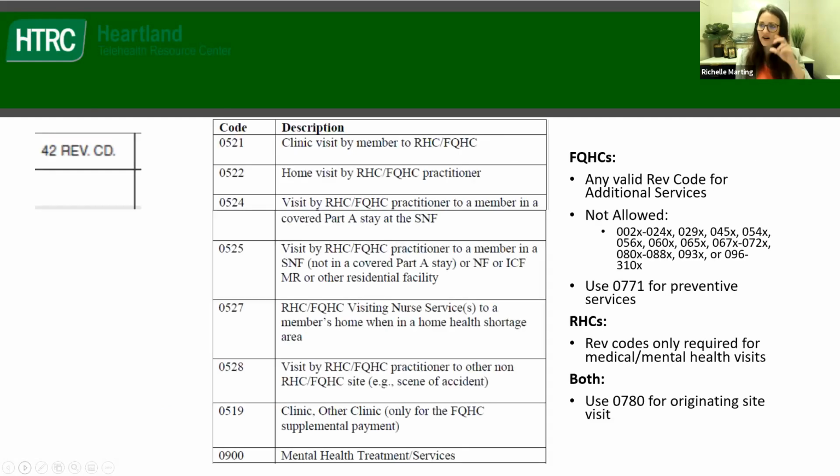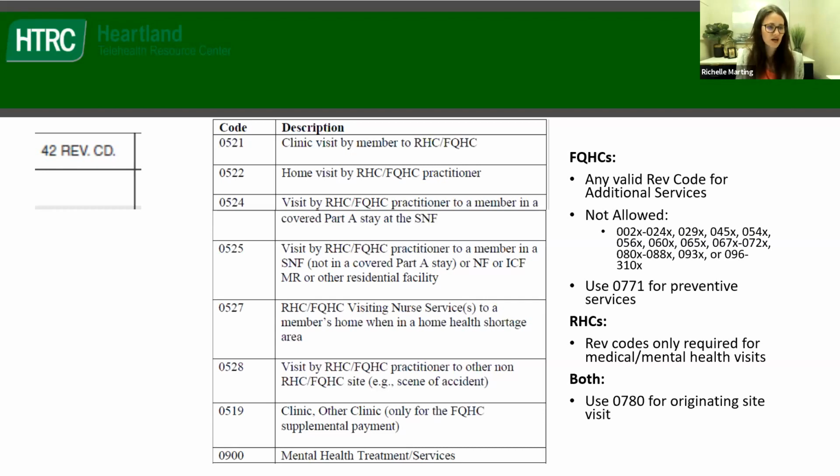Okay, so now I'm going to go back to that revenue code box. And these are revenue codes that Medicare lists in its provider manual as some common ones that you'll see for rural health clinics and for FQHCs. I think I said 3-digit before, but these are 4-digit codes where the last digit may vary depending on the specific type of visit or service.